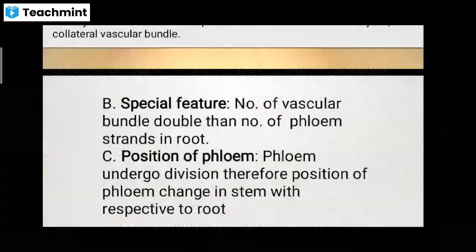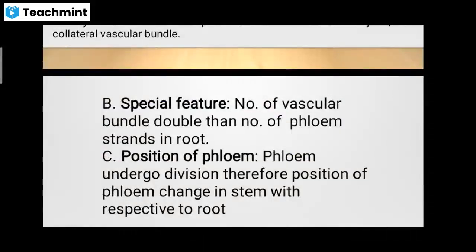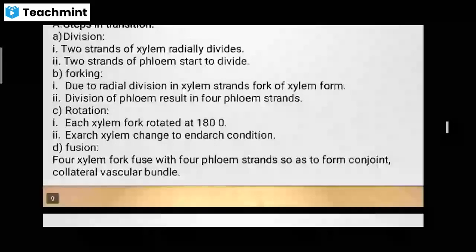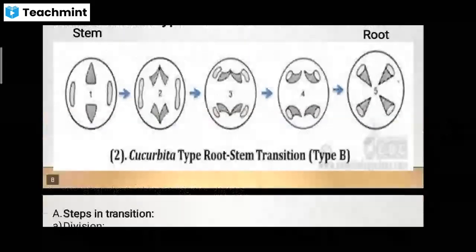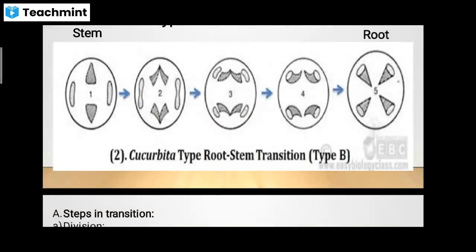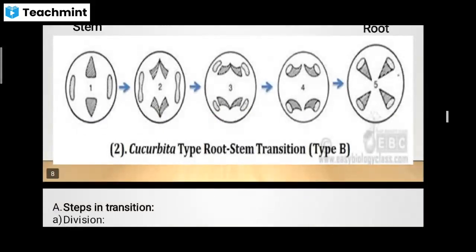Then the position of the phloem. Here the position of the phloem is changed. Due to the division, the position of the phloem in the stem with respect to the root will be changed. So in case of the cucurbita type, the rotation takes place. Ultimately, you see the position in figure 1.